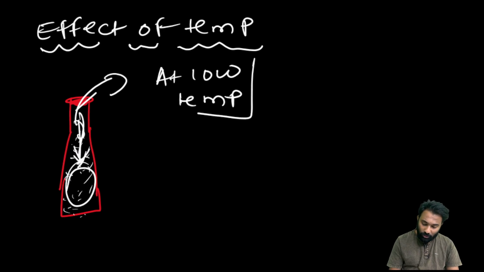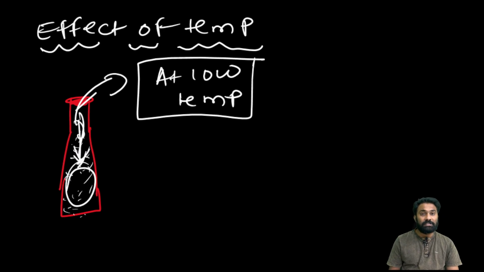That's the reason cool drinks are stored in the refrigerator: at low temperature, more gas will be soluble in the liquid. Let's suppose the cool drink is in the refrigerator at -2 degrees centigrade.